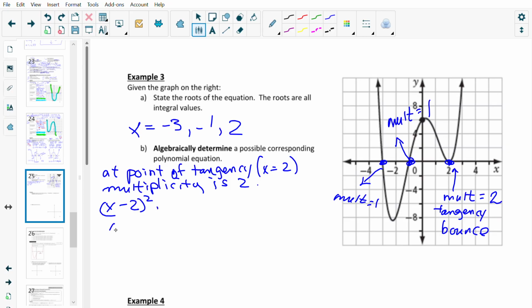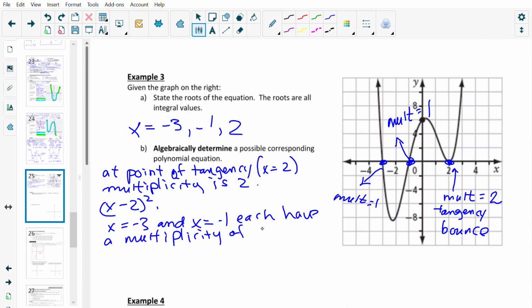So x minus 2 squared are the two factors. X equals -3 and x equals -1 each have a multiplicity of 1. So the factors are x plus 3 and x plus 1.